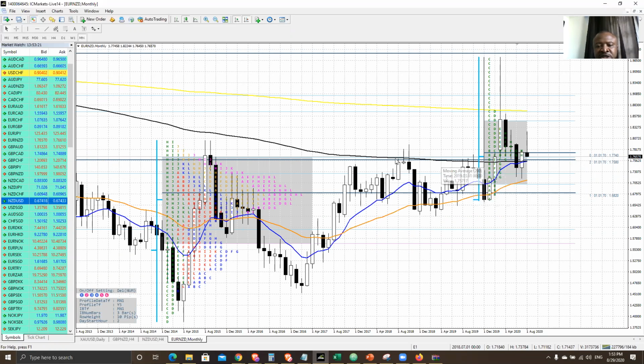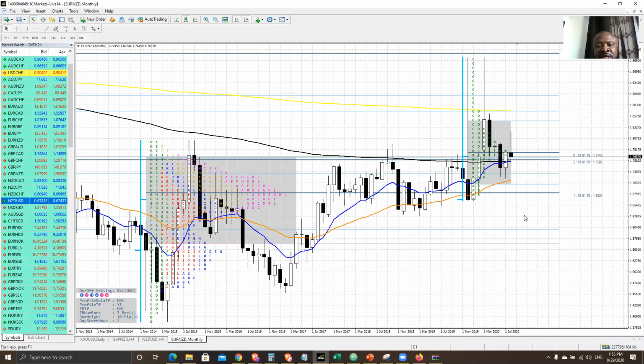Although negative rejection, we are still below the 200 EMA. The challenge on this one is we've actually traded above the 200 EMA, such that we are now above the 200 EMA over here. And that is the key thing that you need to pay attention to.